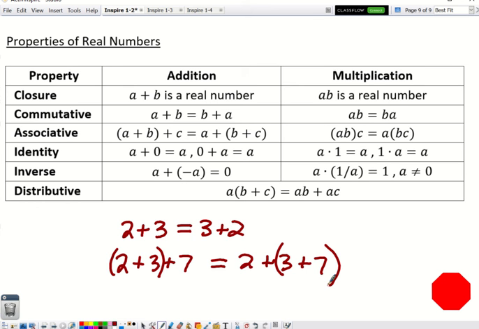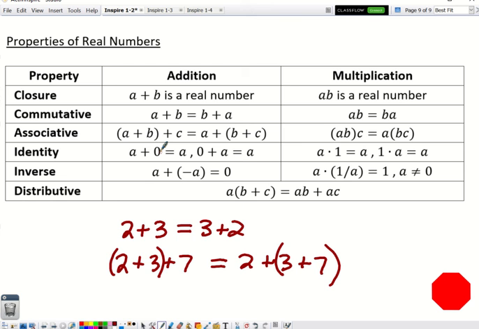That's the associative property. The identity property of addition basically says that if you add 0 to a number, it's going to maintain its identity. That's why it's called that; the math vocabulary uses some very common sense words. If you have 5 plus 0, it's going to stay 5.